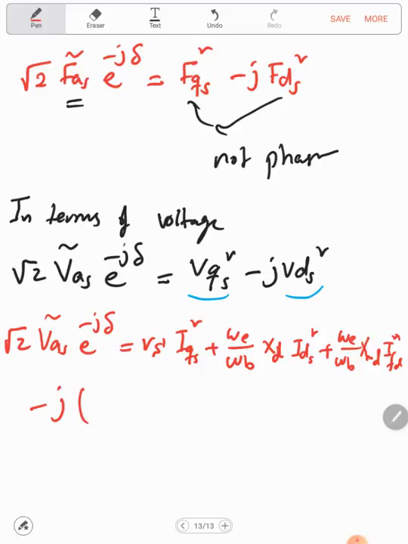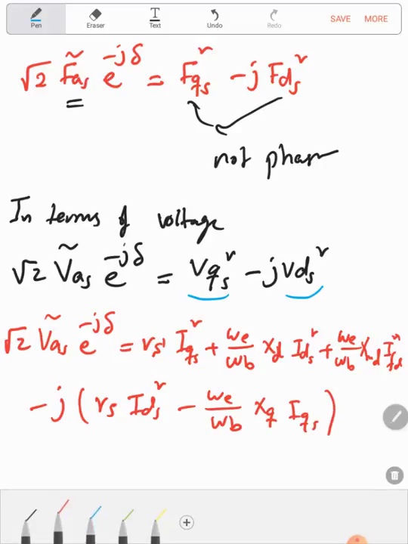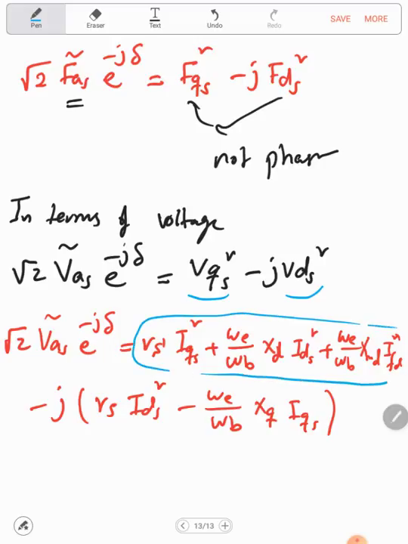Now I'll put the VD, so this will be RS IDSR minus omega E over omega B XQ IQS. So this actually is the VQS and this is the VDS.